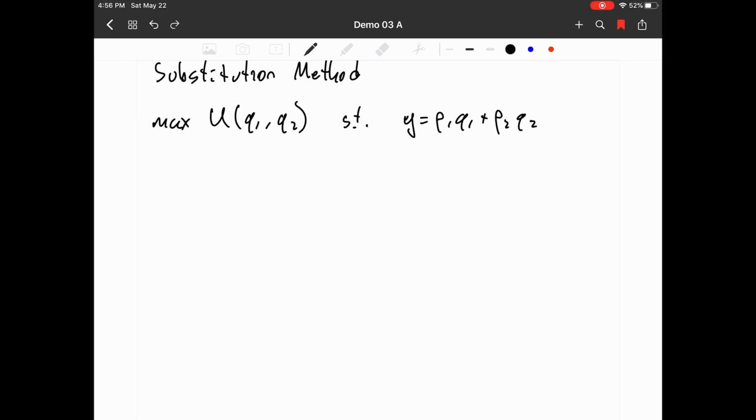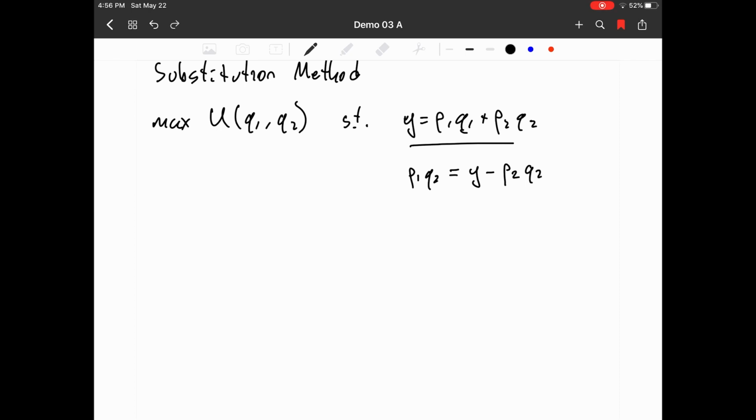So the first thing to realize here is q1 and q2 are related through the budget constraint. So this tells us a line that we must live on. So what we can do here is just solve for q1. So I'm going to bring p1 q1 to one side, and we have y subtracting p2 q2 from both sides.